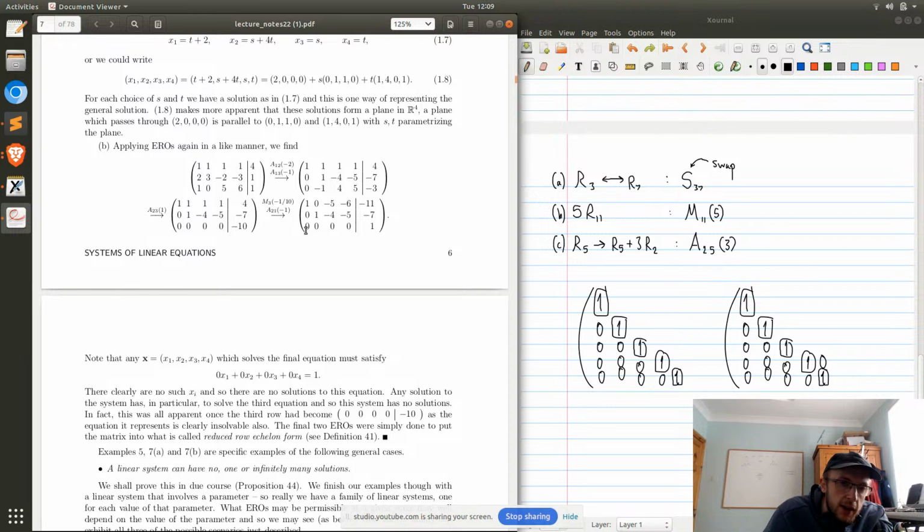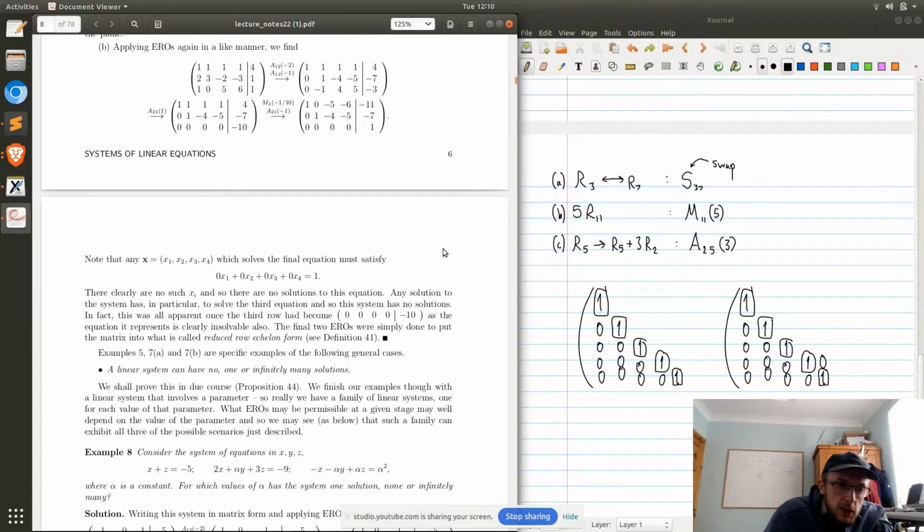And what do they end up with? 0, 0, 0, 1. This here is totally impossible. There clearly are no such xi, and so there are no solutions to this equation. Any solution to the system has, in particular, to solve the third equation, and so the system has no solutions.